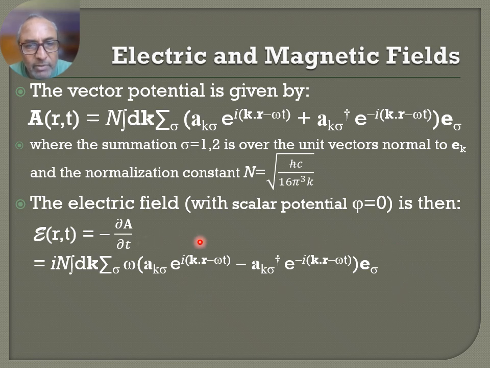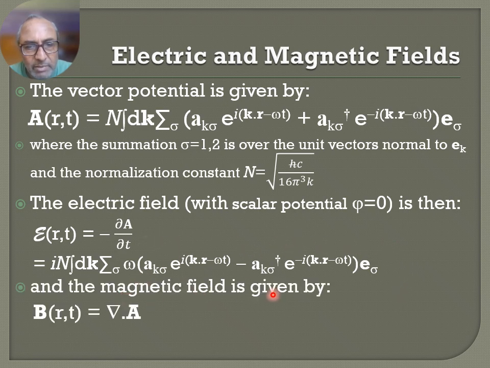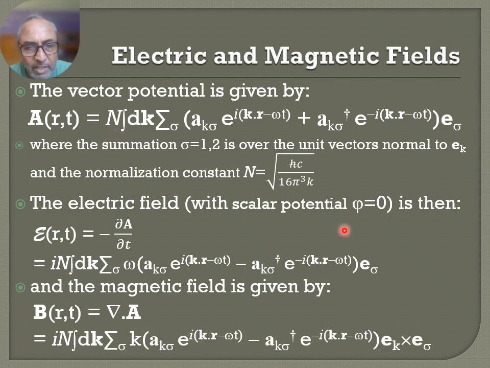Likewise, the magnetic field B is equal to del cross A, obtained by differentiating the expression for the vector potential with respect to the space coordinates to give this equation. The point to note here is that the electric field is in the same direction as the vector potential, whereas the magnetic field is normal to it.